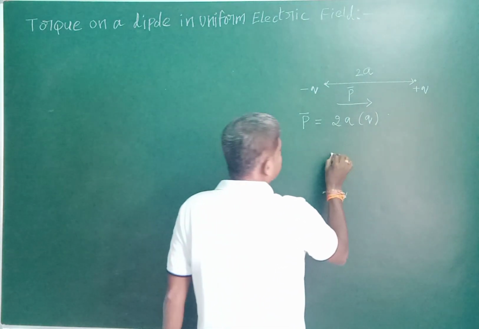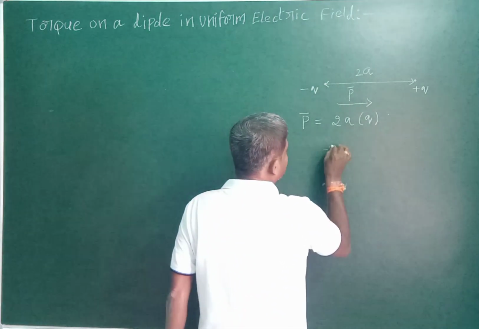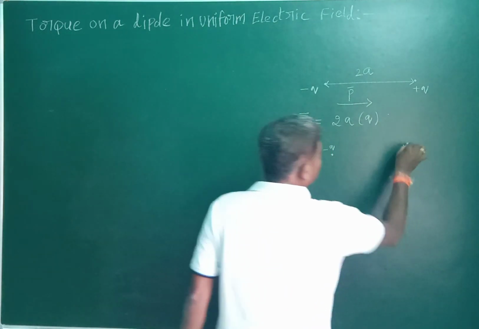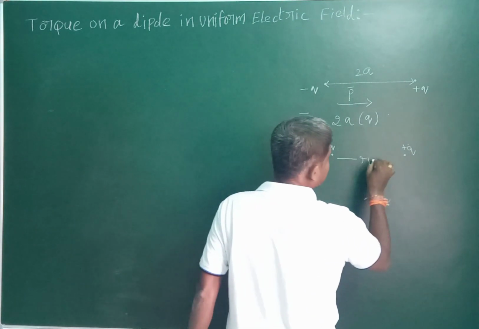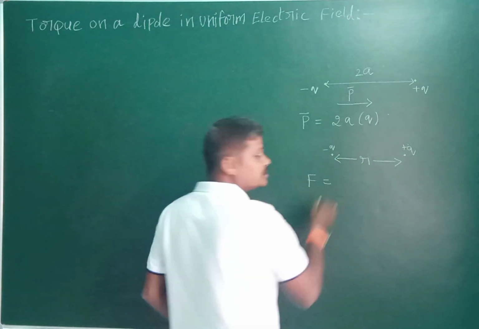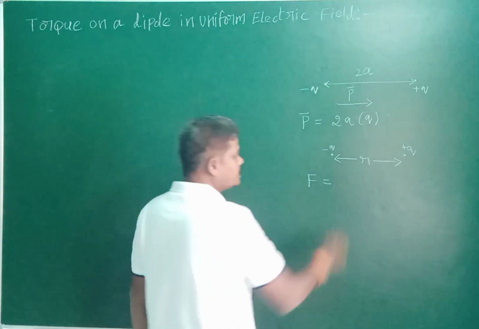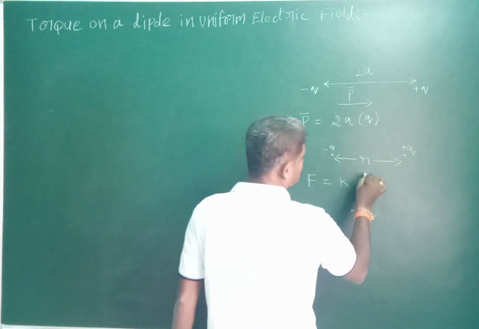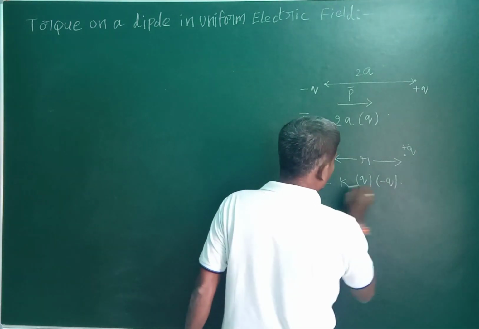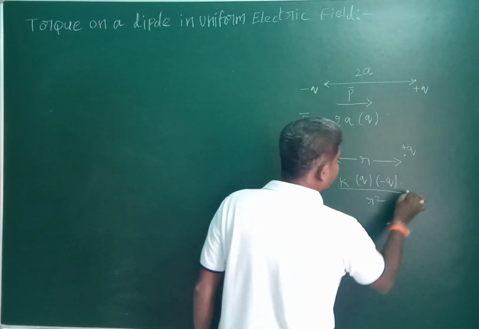Let these be the two charges, minus q and plus q. Let the separation between these charges be r. Then the force acting between these two charges is given by some constant of proportionality k into q into minus q divided by r square.